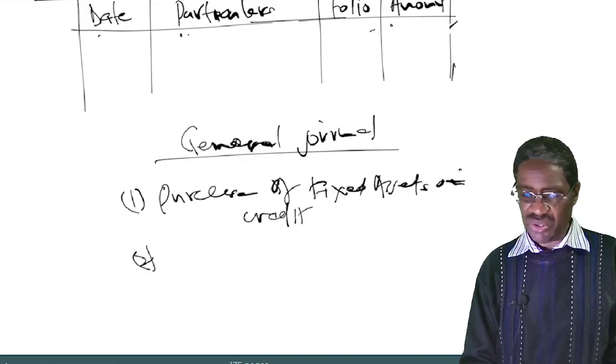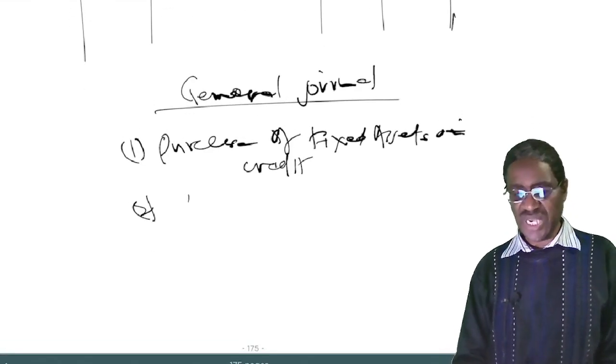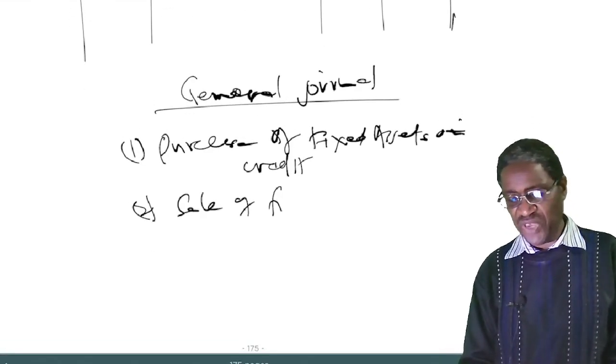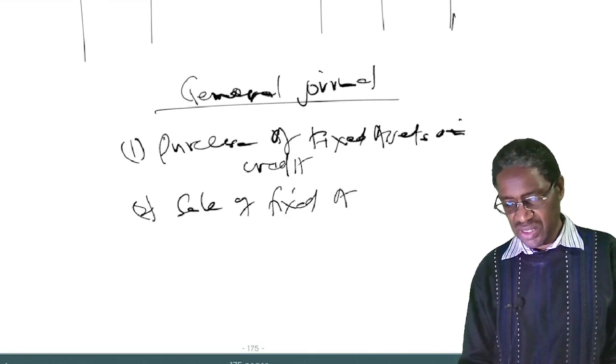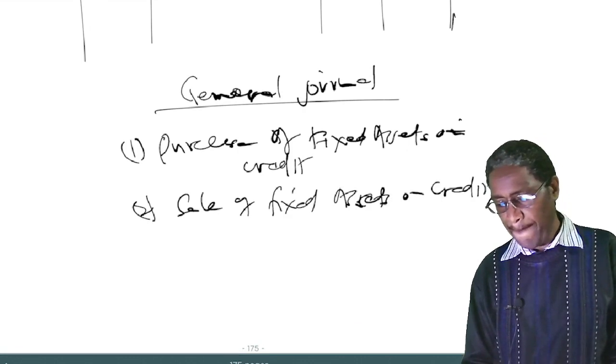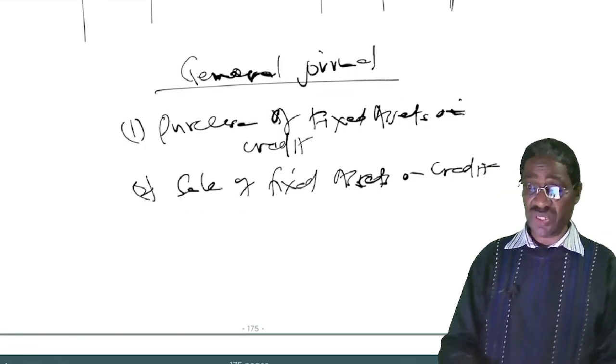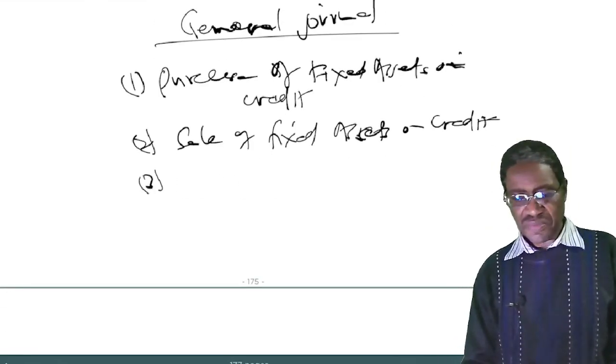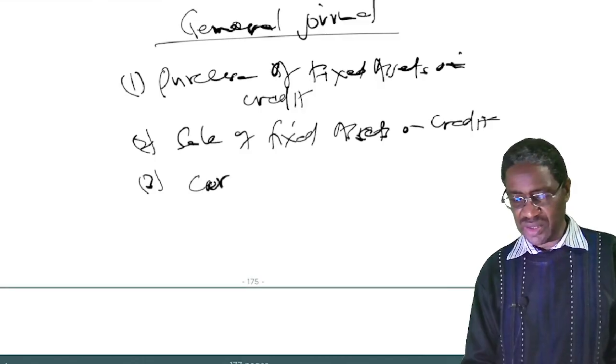Number two, sale of fixed assets on credit. That's another use.